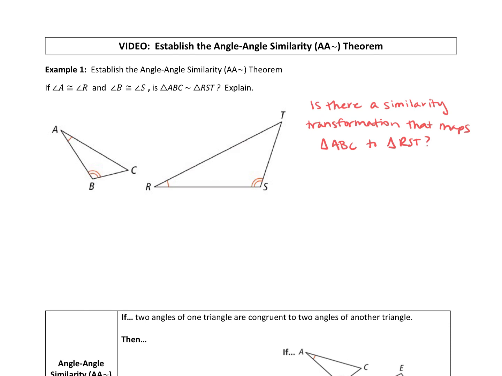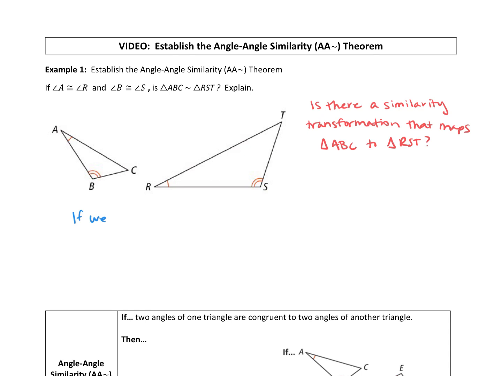So if we take a look at what we could do, if we rotated, here, I'll talk about it and then we're going to write it out. If we rotated A to meet with R, so you can see kind of a rotation around this way, A would meet with R, B would line up here because it's a little bit smaller, and then we could do a dilation where the center is at R, and we could map one triangle onto the other one.